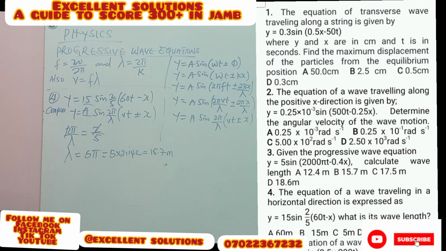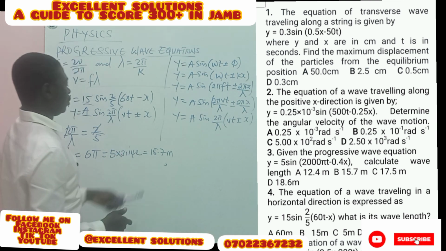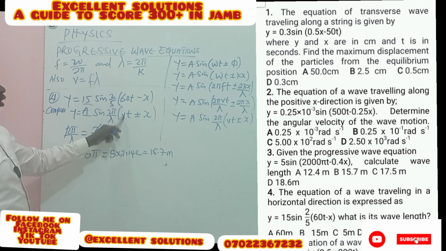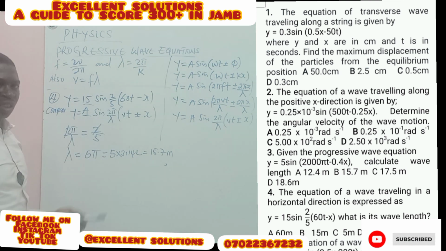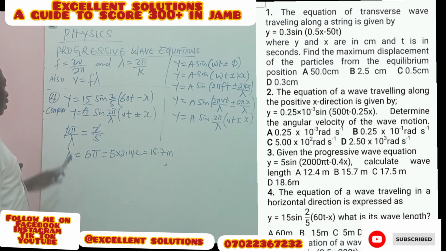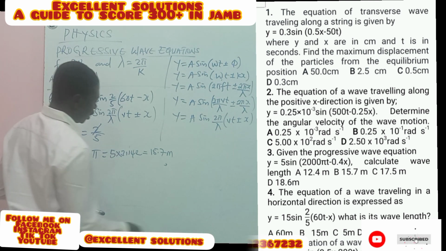If we look at our options, option A 60 meters, option B 15 meters, C 5 meters, D 2 meters. Since we have 15.7 meters, we take it to the whole number, which is 15 meters, and the answer here is option B. And also, if we are to look for the velocity, for this one the velocity is given. We have the velocity as 60 meters per second.